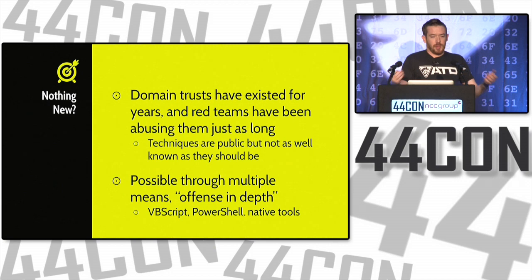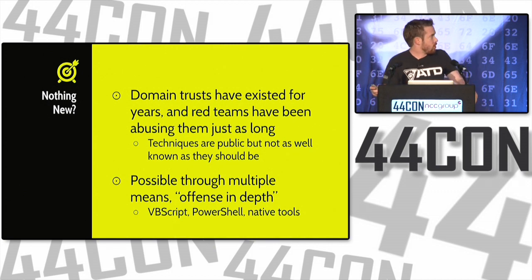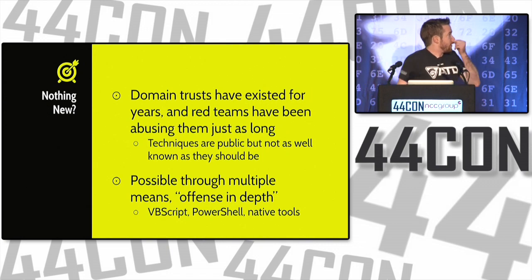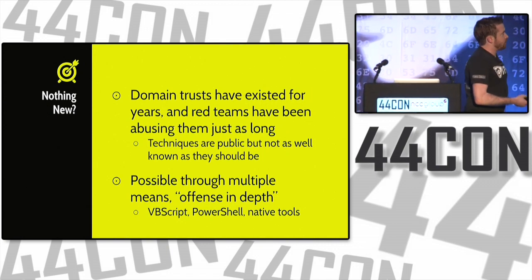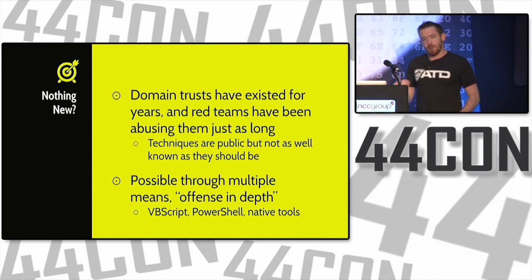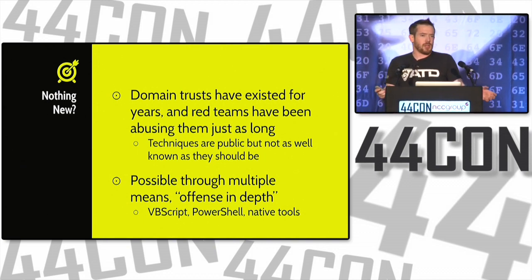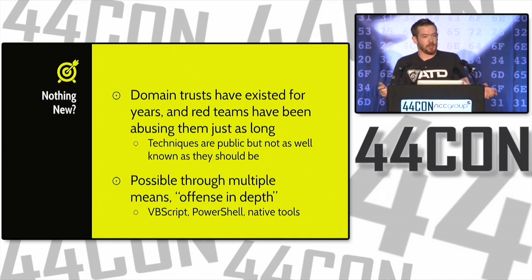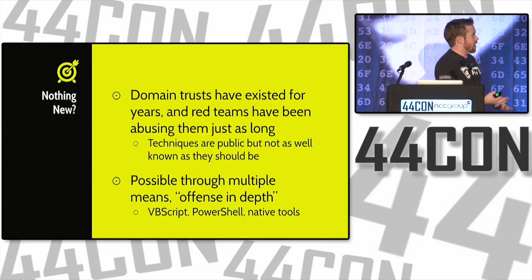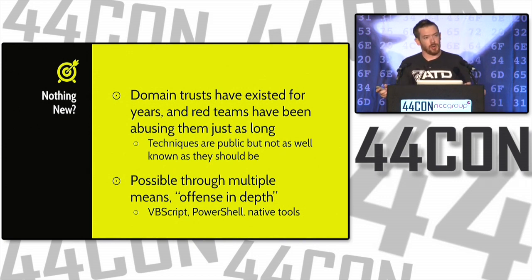So domain trusts have existed for a long time, since Windows domains have existed, and red teams have been abusing them for a very long time as well. But when I started red teaming or pen testing 2 or 3 years ago, I realized there wasn't a lot of information about domain trusts from an offensive perspective. It took me a while to figure out why. My theory is a lot of these actions used to be very time and effort intensive.